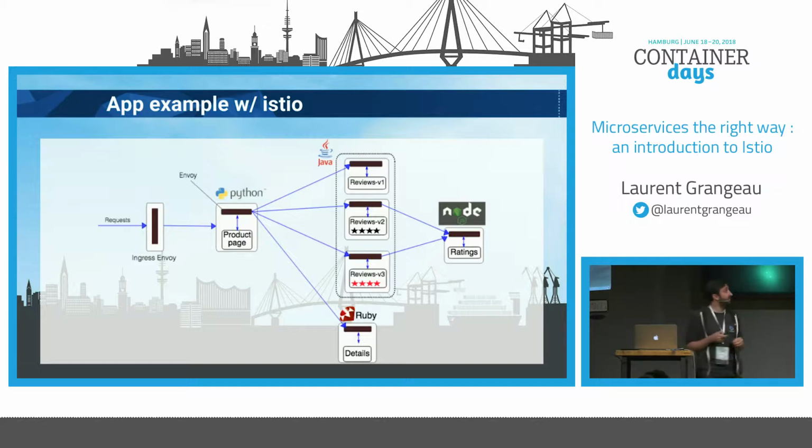All of these Envoy proxies just manage and control the traffic between all of the services. So this is how Istio can, at runtime, change this behavior, like having A/B testing or canary release or blue-green deployment and stuff like that.